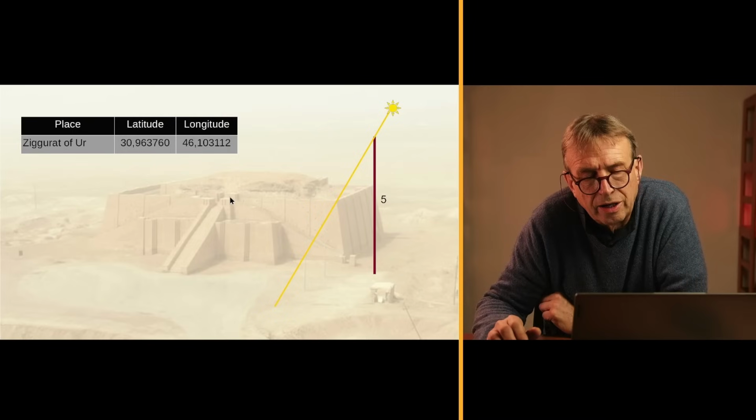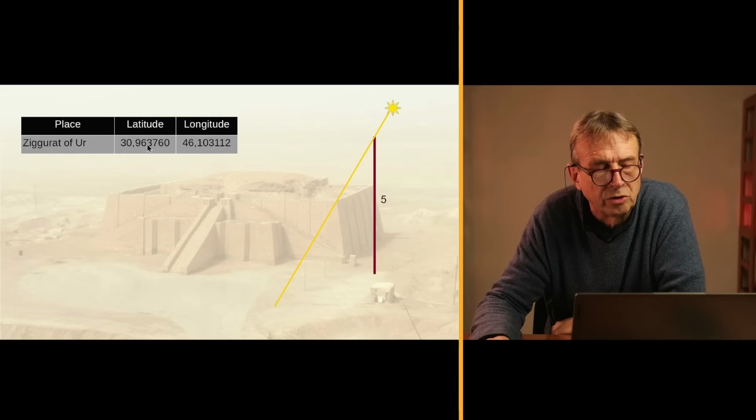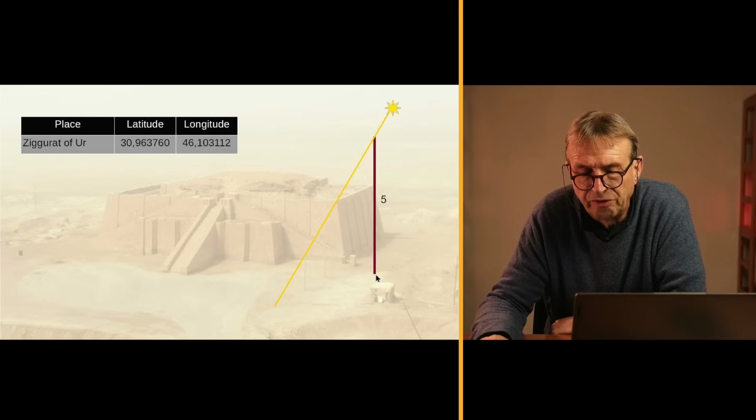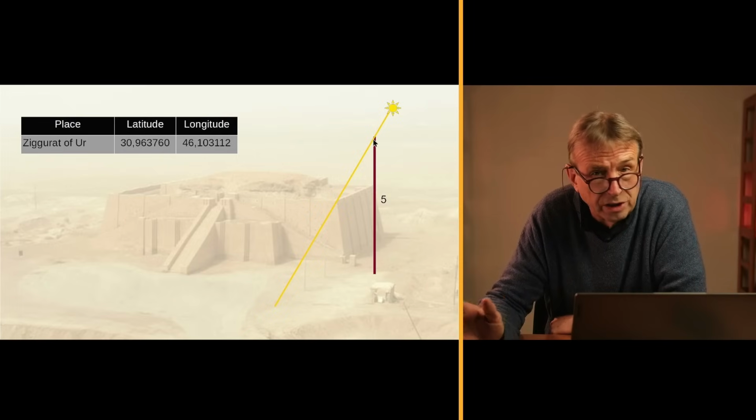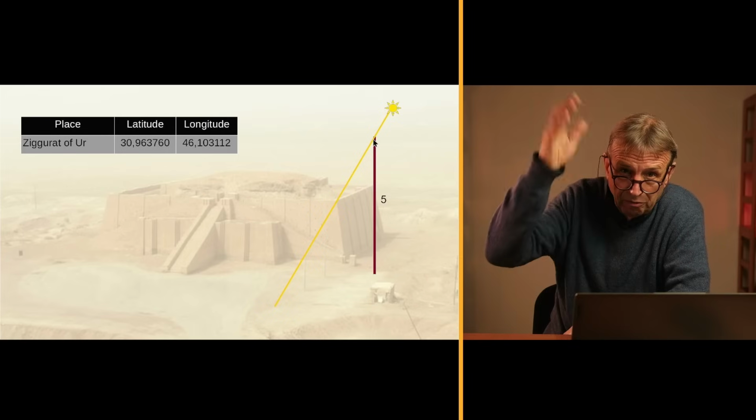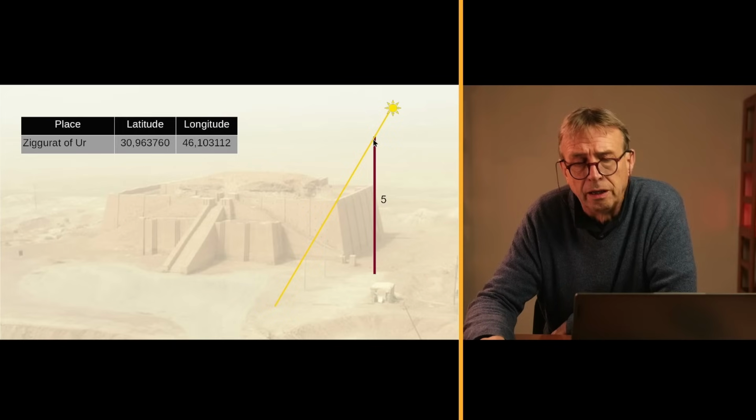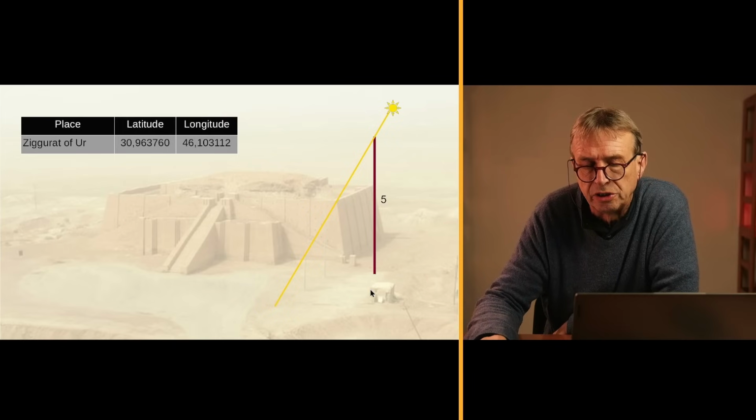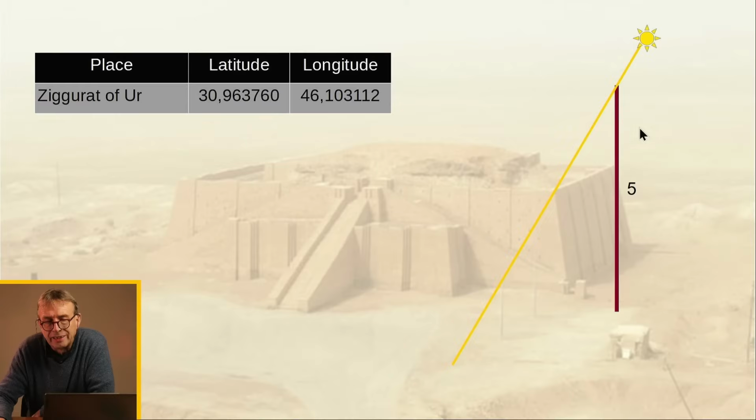Because if we look at the ziggurat of Ur, the latitude of Ur, as we saw, is 30.9637 degrees. And this is a very specific latitude, because at this latitude, if we have a pillar which is 5 units high, whatever those units may be, 5 meters or 5 feet or 50 feet or whatever, then at equinox at midday, we will get a shadow of exactly 3 units long.